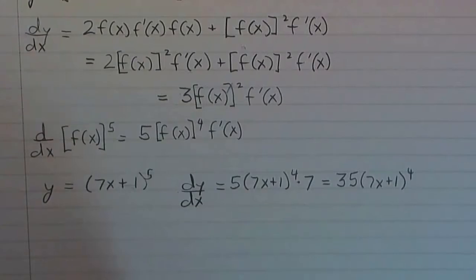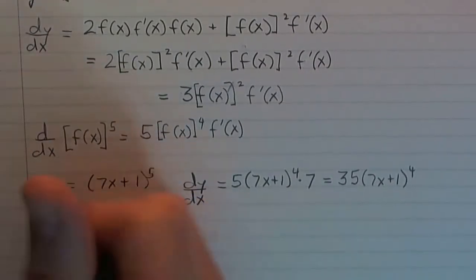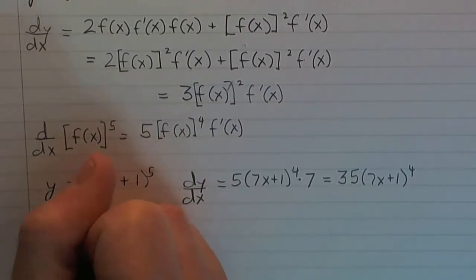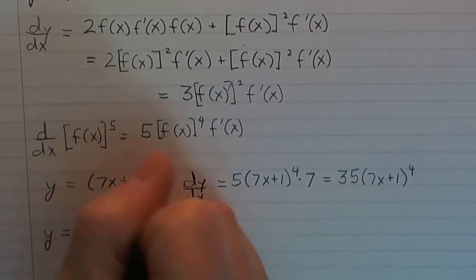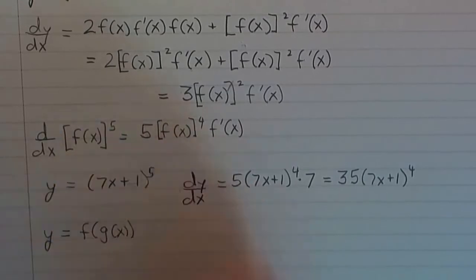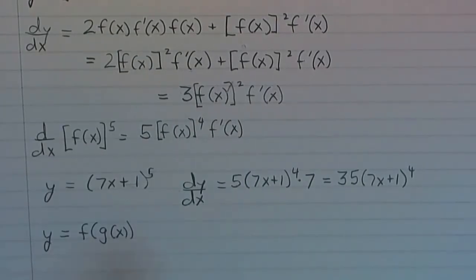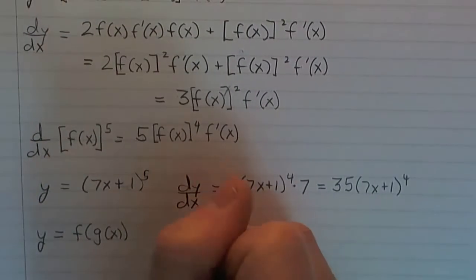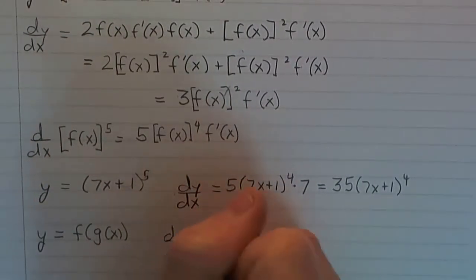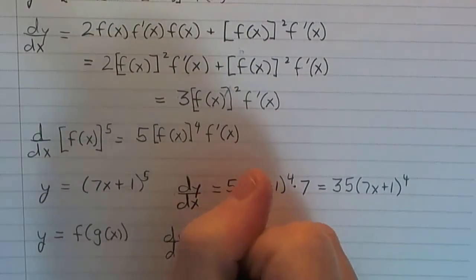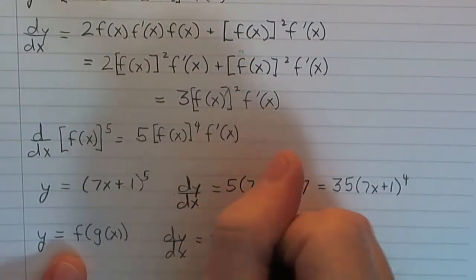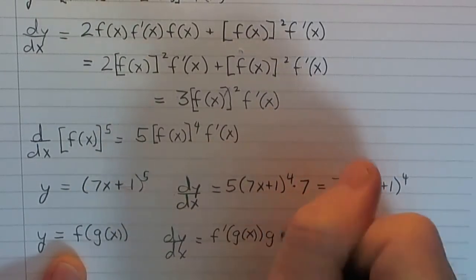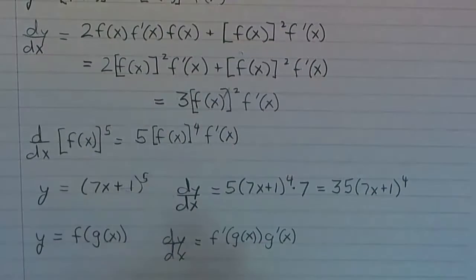Now sometimes you'll see this way. You'll see that if you have a composite function like that, and you want to find the derivative, dy dx, you're going to take the derivative of the outside times the derivative of the inside, like that.